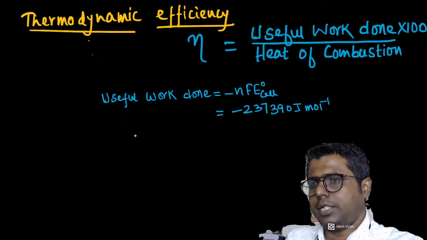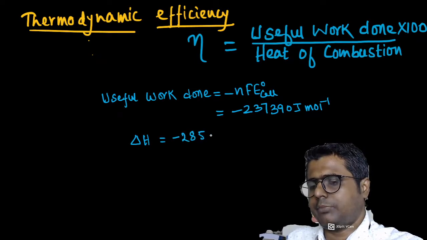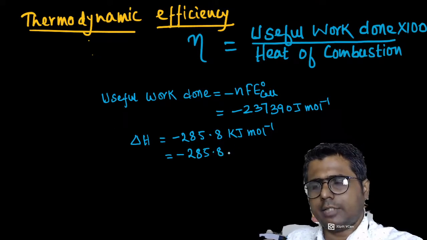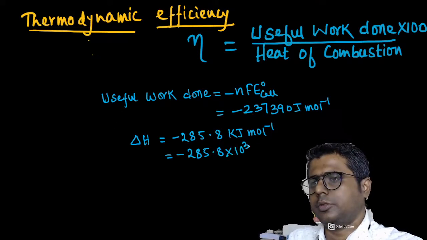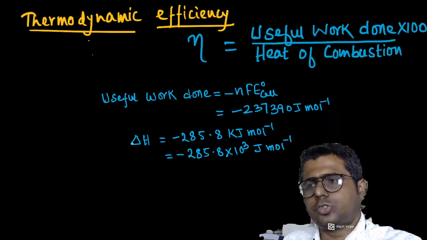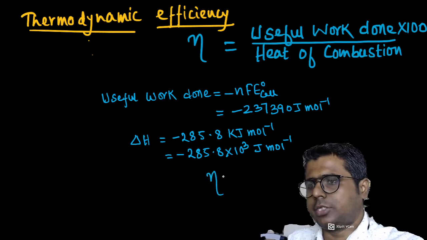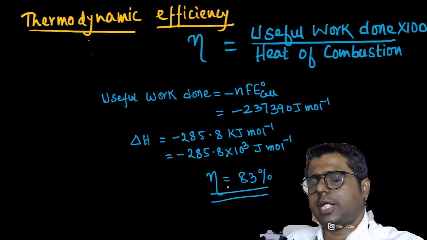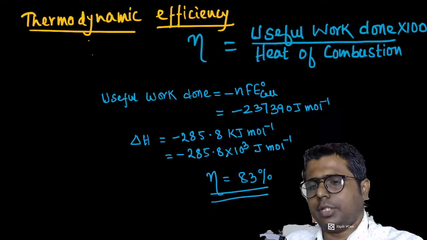And if you see, the heat of combustion is minus 285.8 kilojoule per mole. So you can easily convert this into joule per mole, right? Now if you just substitute these two values in the thermodynamic efficiency equation, then the equation will give you a result of 83%. So this is the maximum efficiency at standard conditions available from the fuel cell.